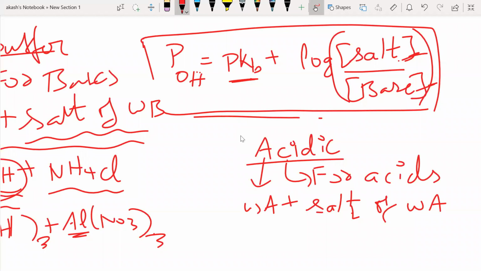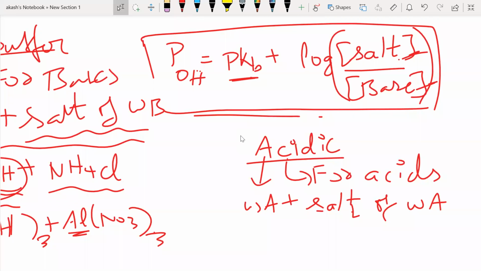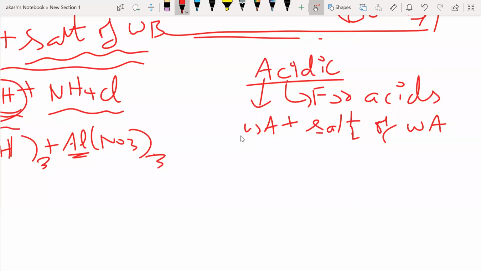That's it. Again, there can be so many examples. Any examples you want to give me for acidic buffer? Sodium acetate. Yes, good. That's a good example.